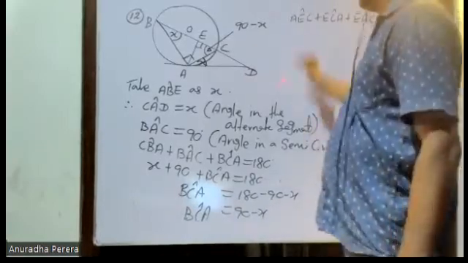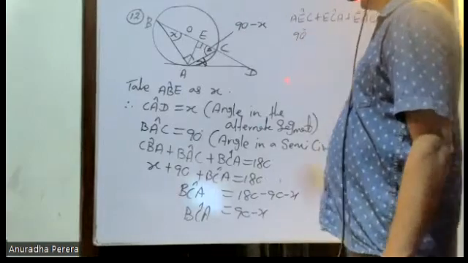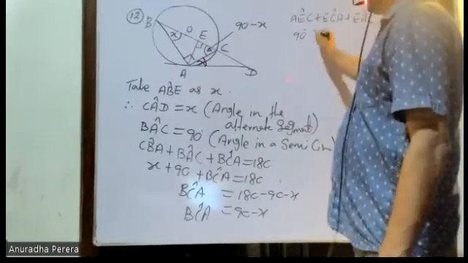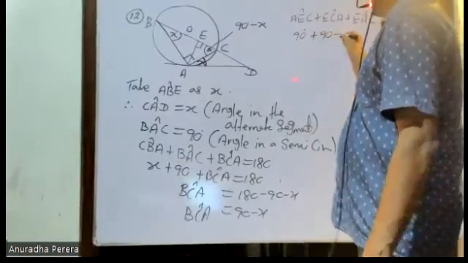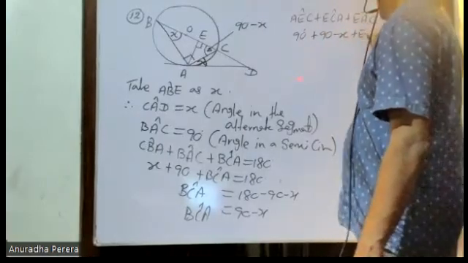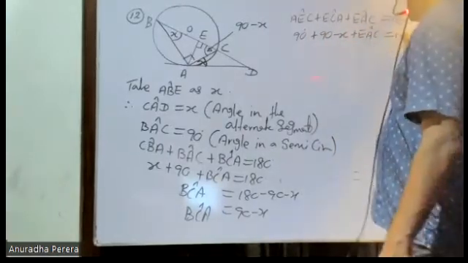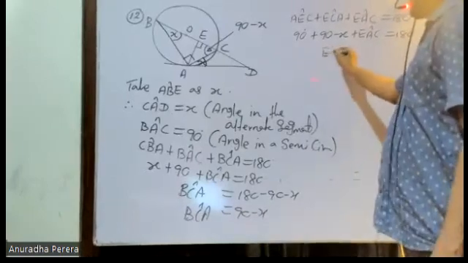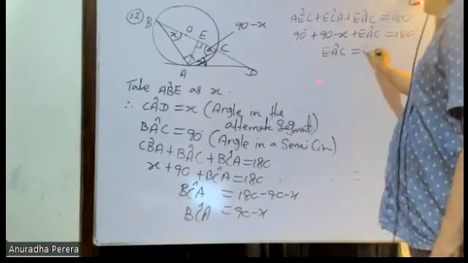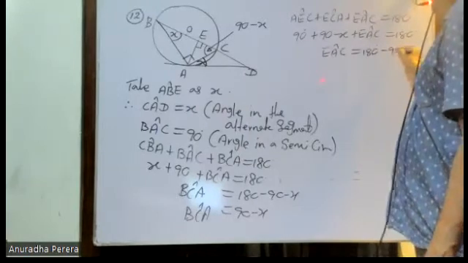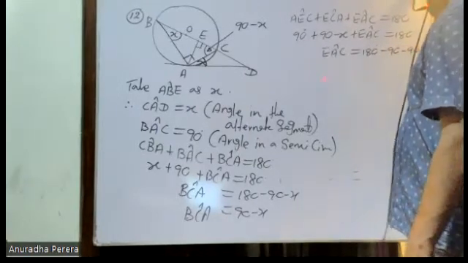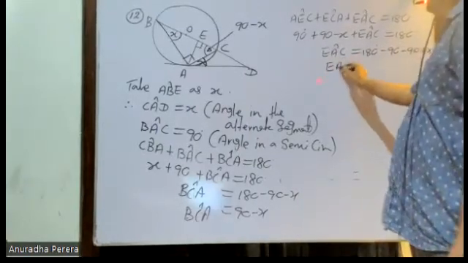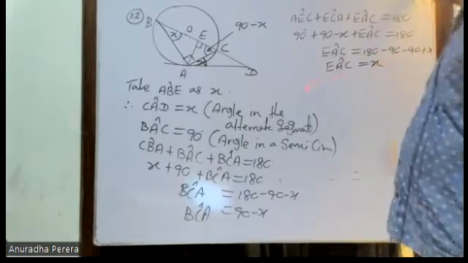AEC is 90. ECA is 90 minus x, plus EAC equals 180. Change all the angles to your right side. 180 minus 90 minus 90 plus x. EAC equals x. This one is x.